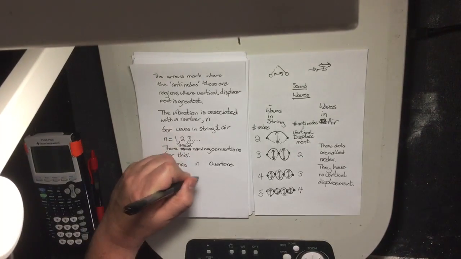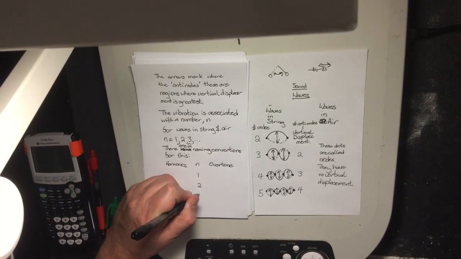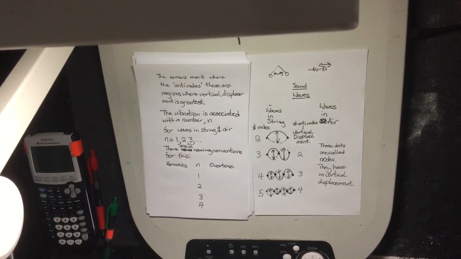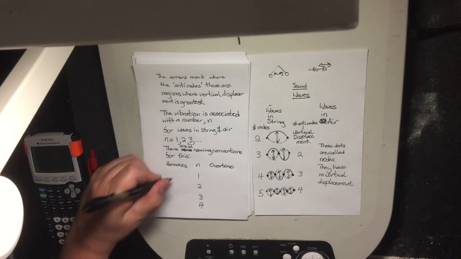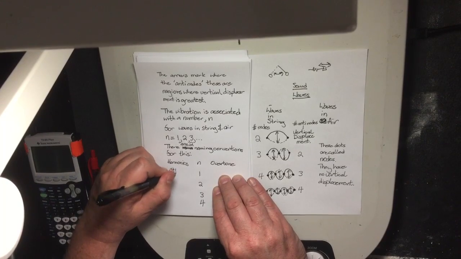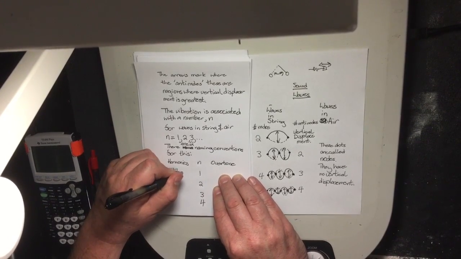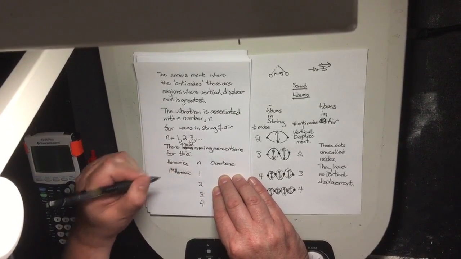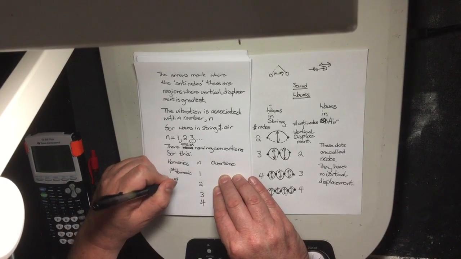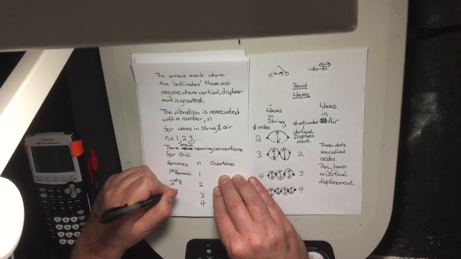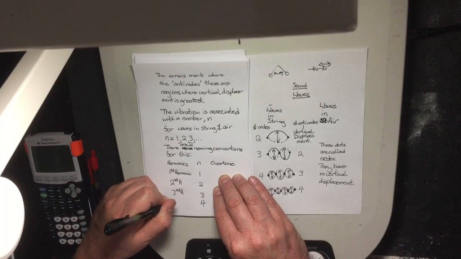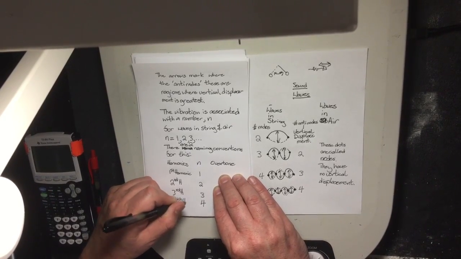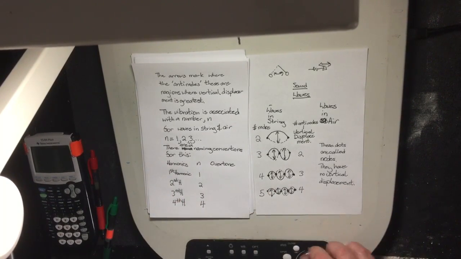For 1, 2, 3, 4, etc., the harmonics convention is very easy: first harmonic, second harmonic, third harmonic, fourth harmonic. So the harmonic convention, let me back that up.